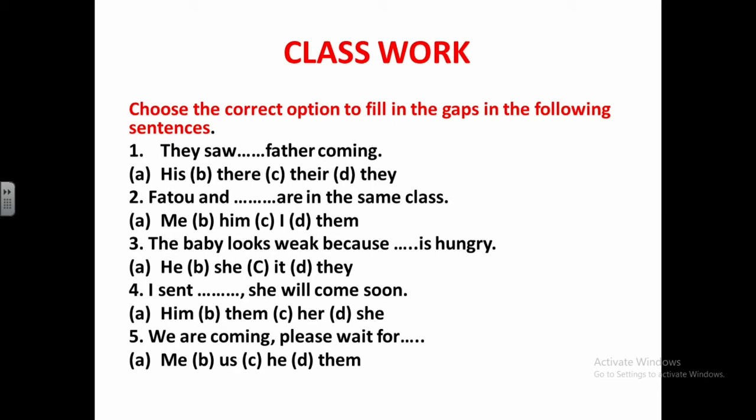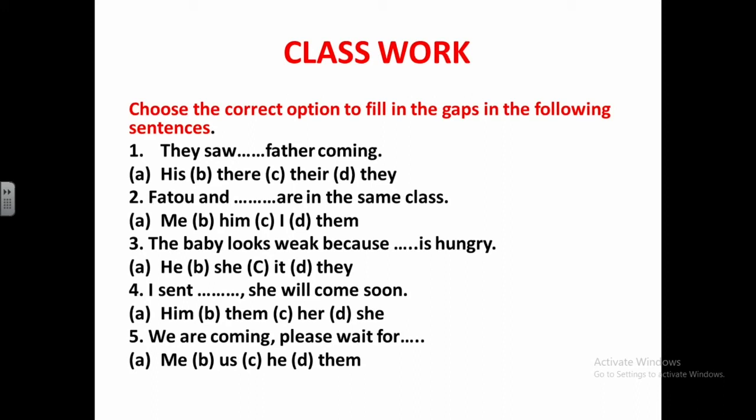Which of these is the best pronoun to go with father? They saw their father. 2. Fatu and Das are in the same class. Fatu and, who can answer that for us, please? Yes, Mahmoud? Fatu and I.